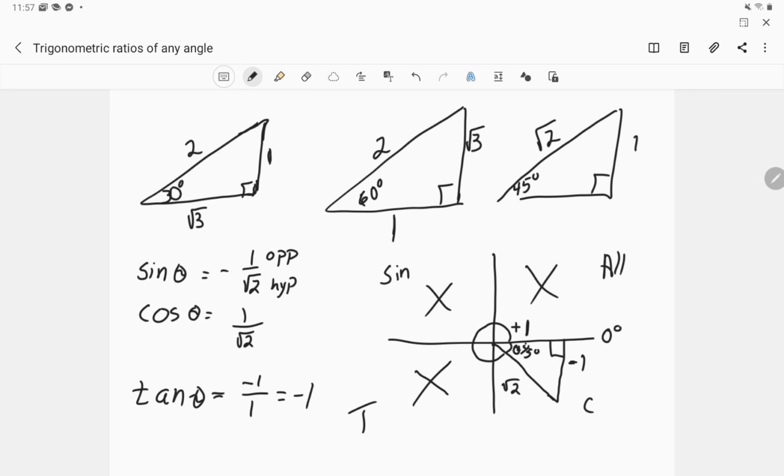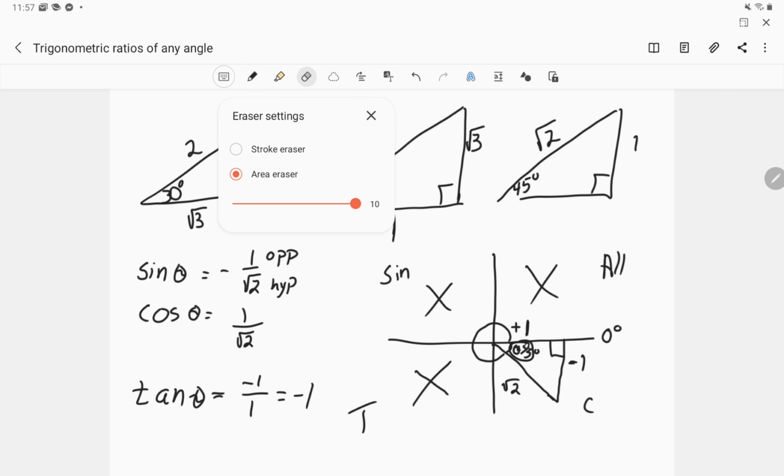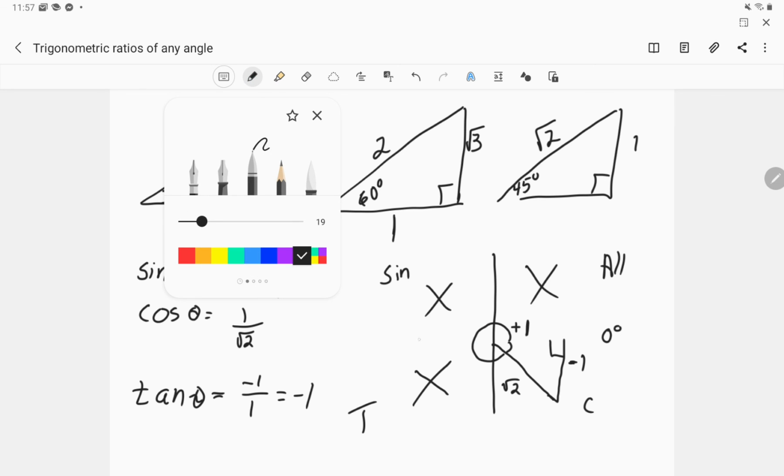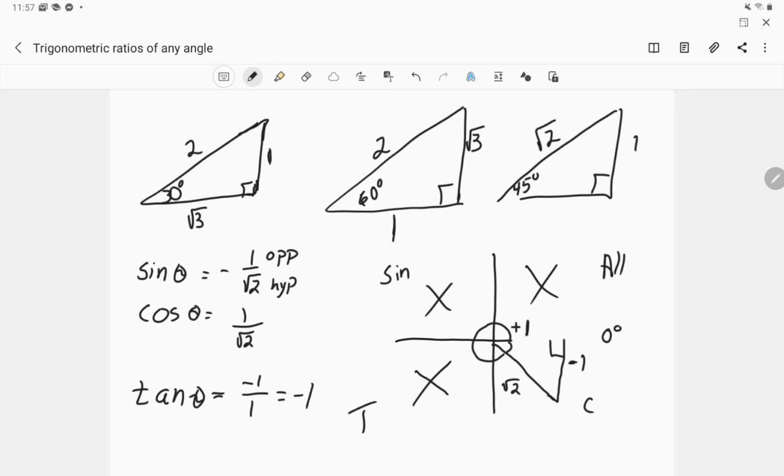So if we know that this angle in here is a 45-degree angle, then here would be 360, because all the way around is 360, minus 45. So theta is actually 315 degrees. So you could even figure that out if you wanted to.